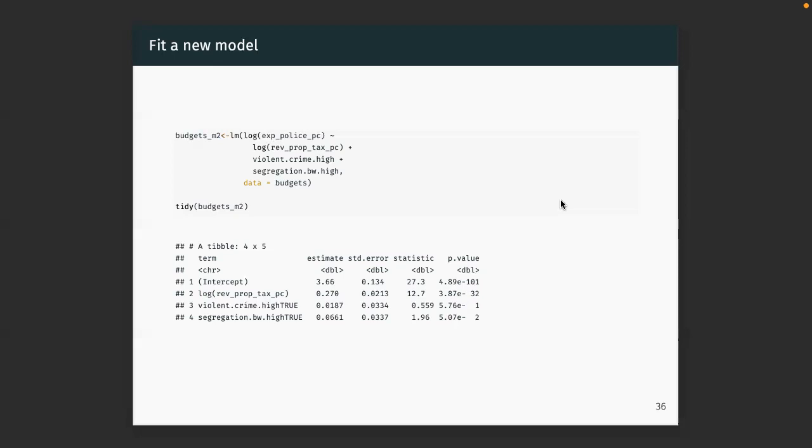So we can't actually conclude that violent crime is not related to property tax or to police spending from these results. What we've done is we've built a model that can take the values of each of these predictors and generate valid predictions for police spending. That's all we're doing here. We're not interested in interpreting any of these parameters independently. We want to interpret them jointly in a predictive model.